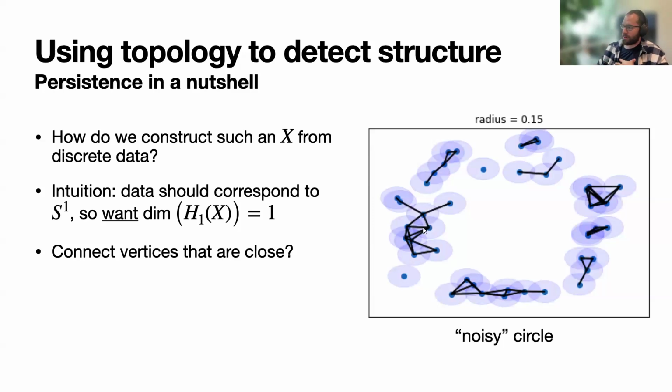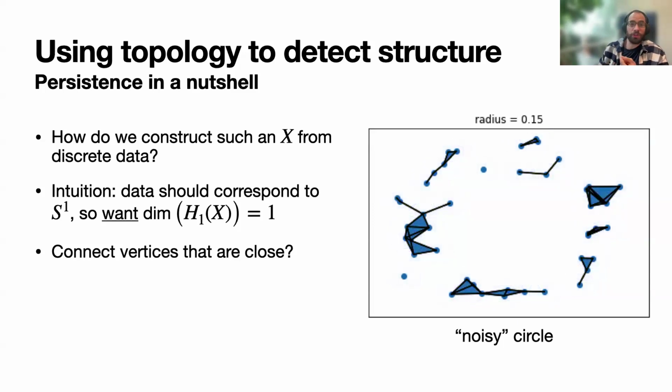With more edges, I now start to see some cycles forming, but those aren't really this global feature that I care about. And these are really close to one another, so maybe I want to consider them to be a single functional unit. And so I'll fill those in with triangles and tetrahedra as appropriate. Okay, so now I've got this, still not a circle.